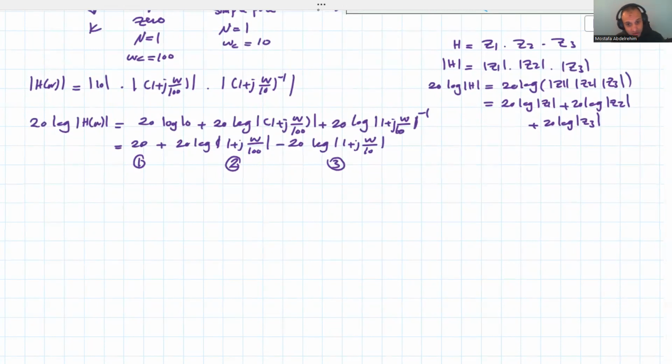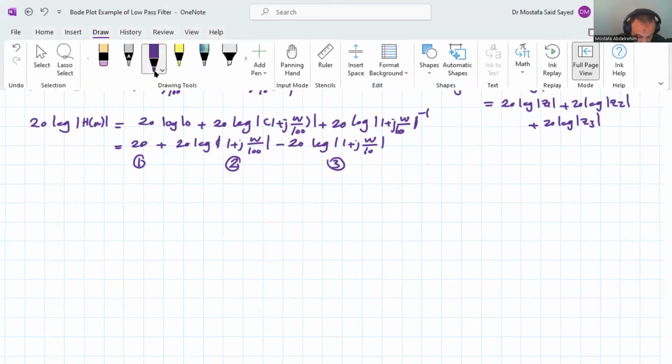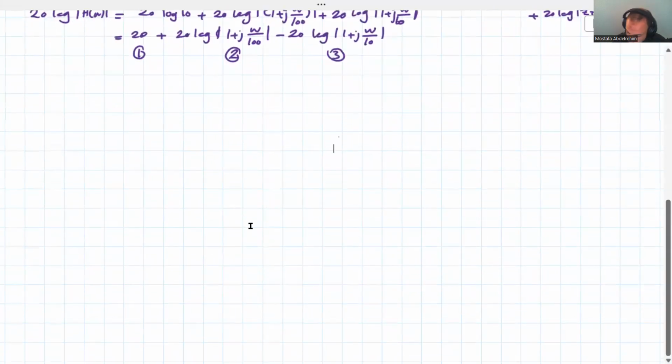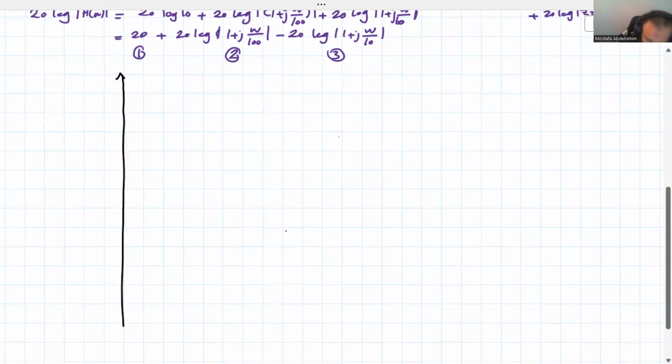I'm going to do each one in a different color. So bear with me, it's going to be easy. As we used to, we have our y axis linear scale, and when you take log of something, it's going to be in decibels.